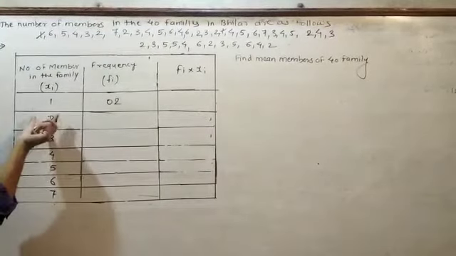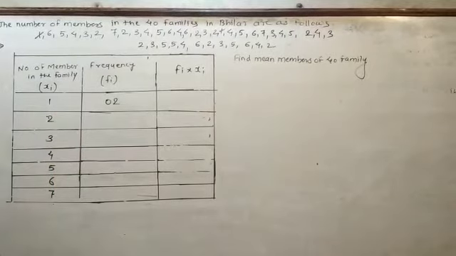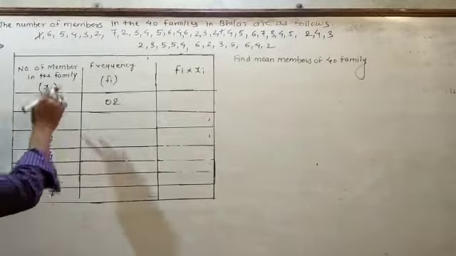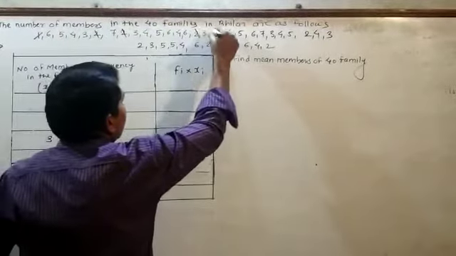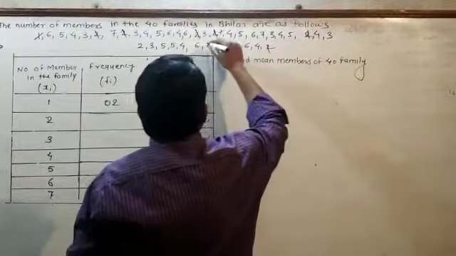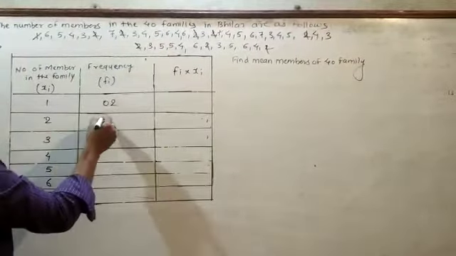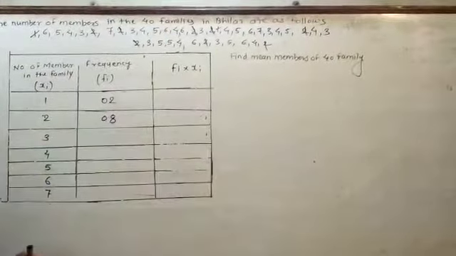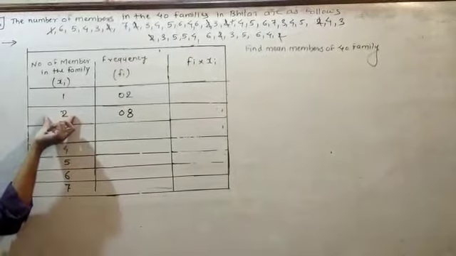Then how many families have 2 members, that you have to find out. I will strike through the 2. 1, 2, 3, 4, 5, 6, 7, 8. So 8 families have 2 members in the family.